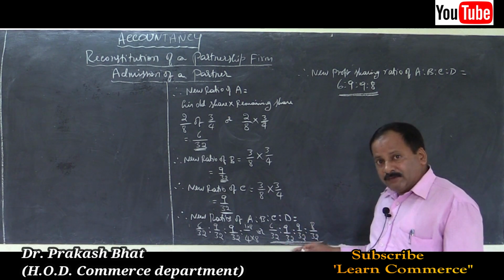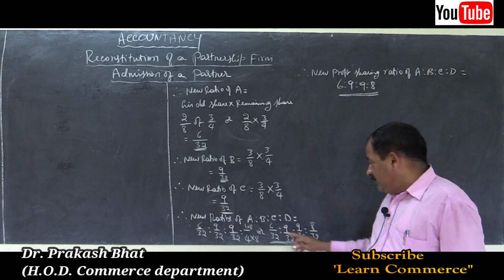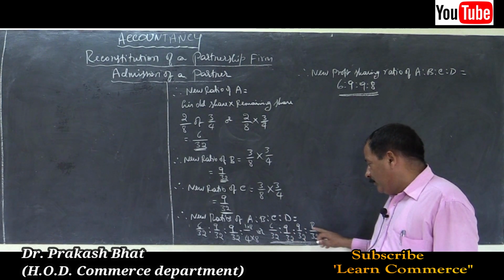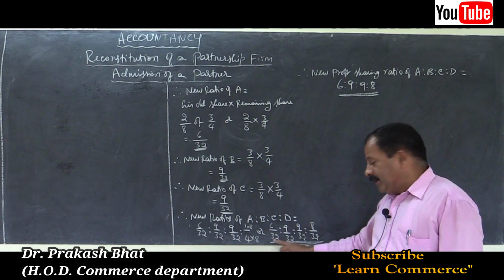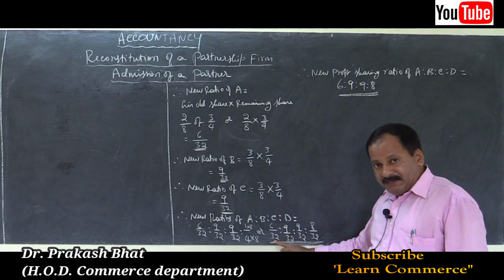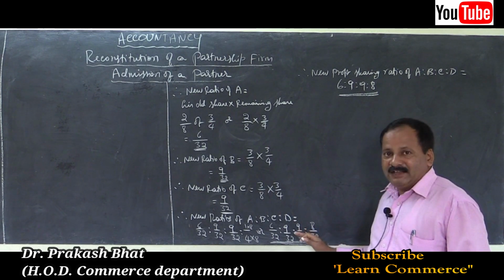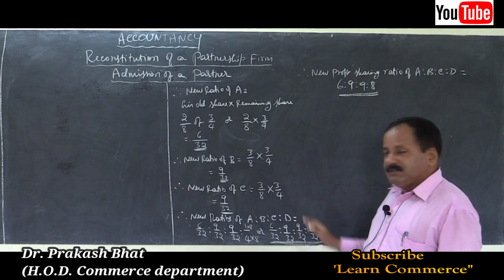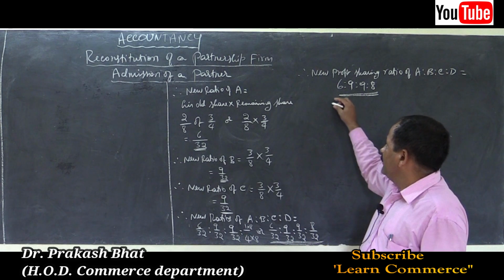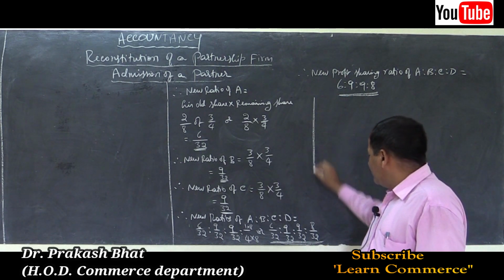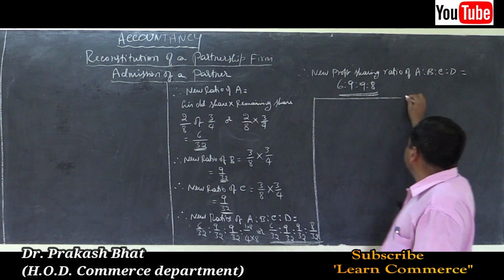If you check this, then you will come to know whether there is a mistake or not. See, 6 plus 9, 15. 15 plus 9, 24. 24 plus 8, 32. It agrees with the denominator, that means almost your answer is correct. So, do this in the examination. When you get an answer, check whether it is correct or not. Let us move on to the next problem.